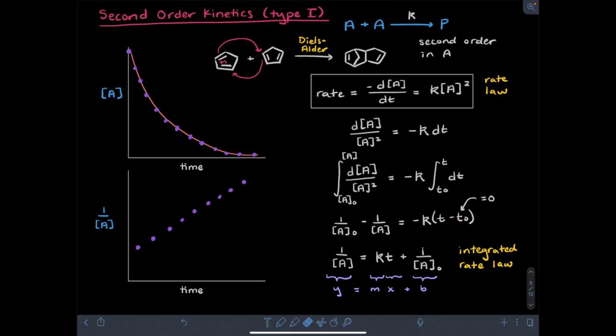And for the second-order type 1, you would get a line of data. You could apply your linear fit. The slope here is the rate constant k. Notice I don't have the negative sign in this scenario. And the intercept is 1 over the initial concentration A0, whatever concentration of A you put into the flask.